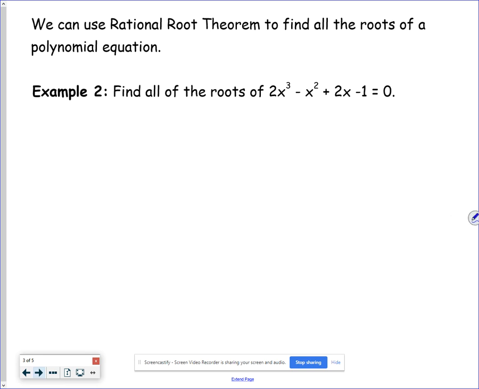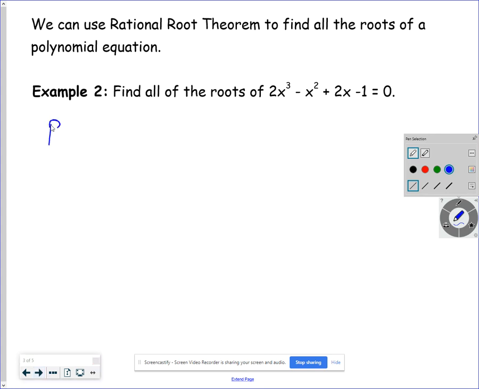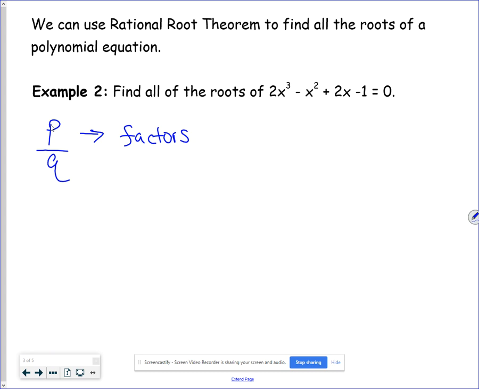So if we remember, if it's a rational root, we can write it in the form P over Q, where P is factors of what? Factors of your constant term. So my constant term in this equation is negative 1. So P can be factors of negative 1.